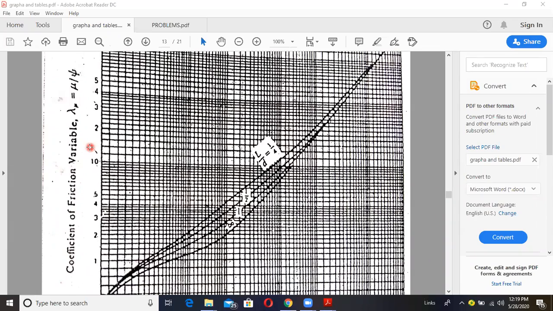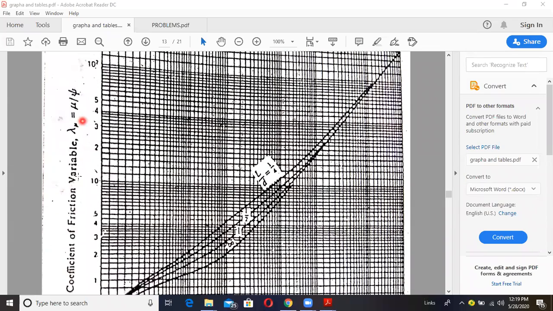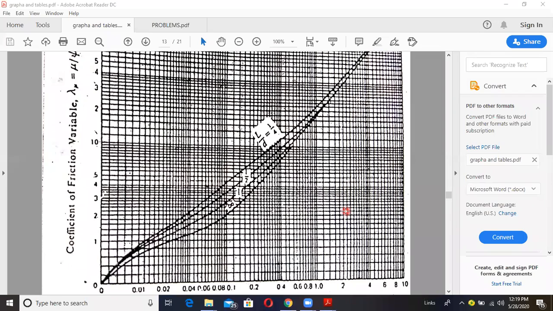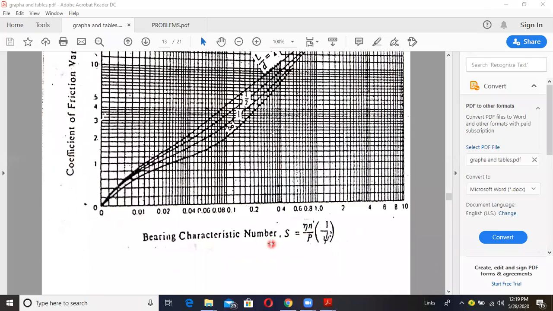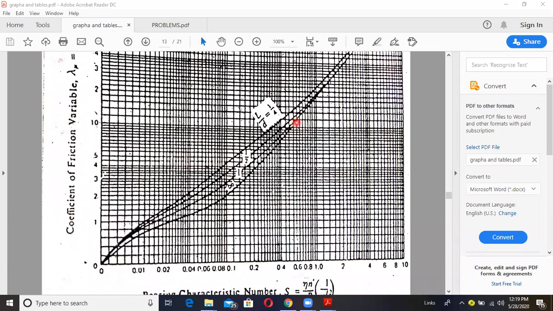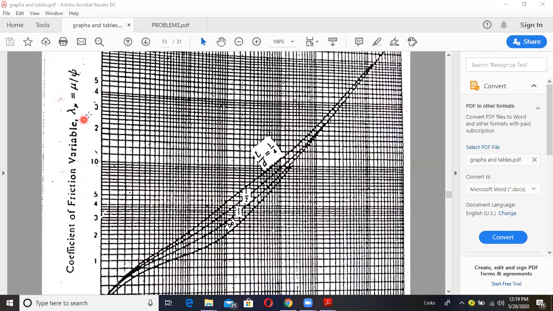And on the y-axis we have the coefficient of friction variable, mu divided by xi. We have 3 curves here, which are capital L divided by D. Now if you know the x-axis value and which curve to select, then by selecting the curve and the x-axis value, we can calculate the y-axis value.